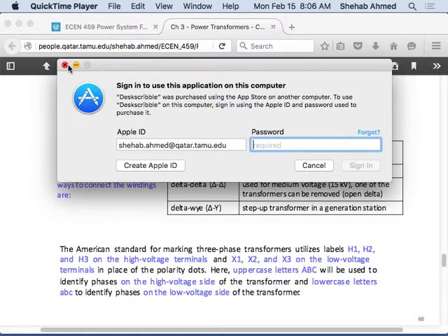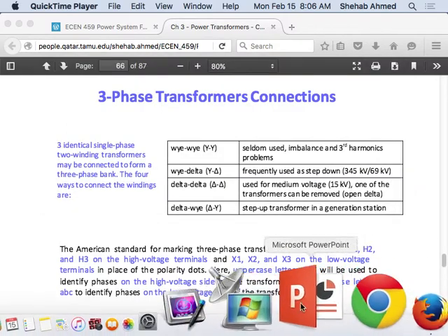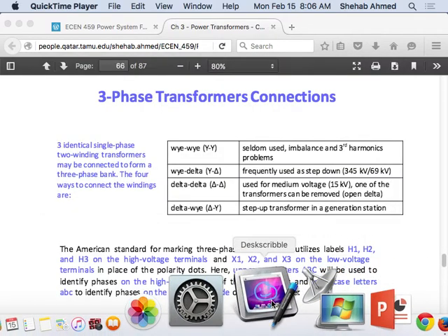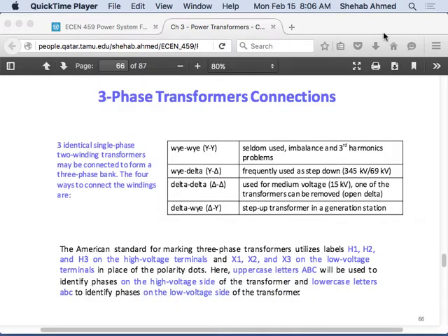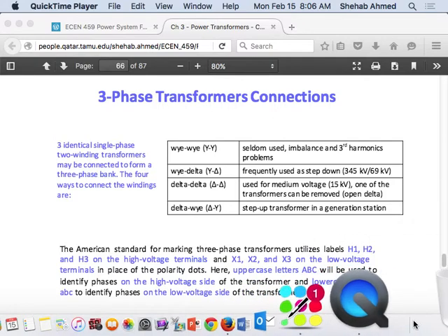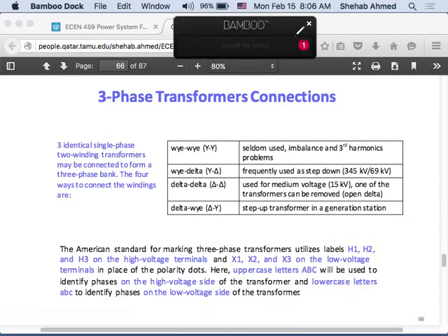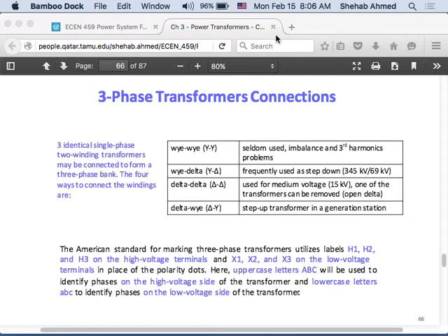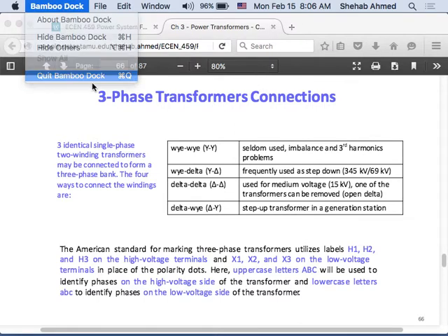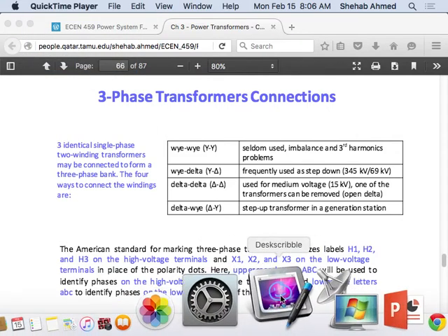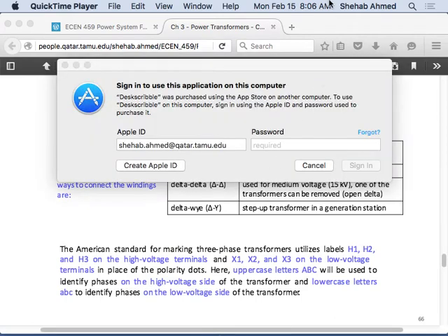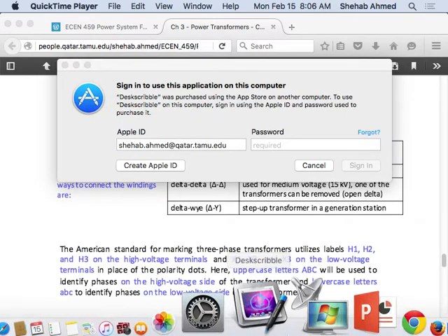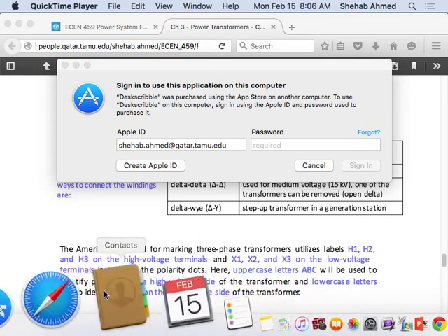It is letting me down. No, I'm not, but I don't want to. Why should I? Okay, I'll connect to the Wi-Fi. Sorry.